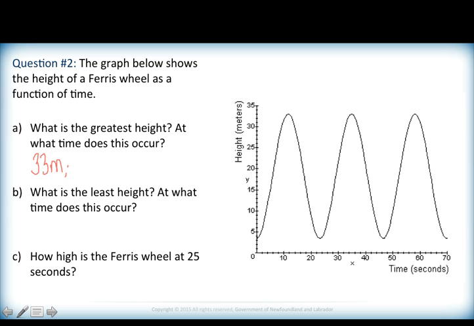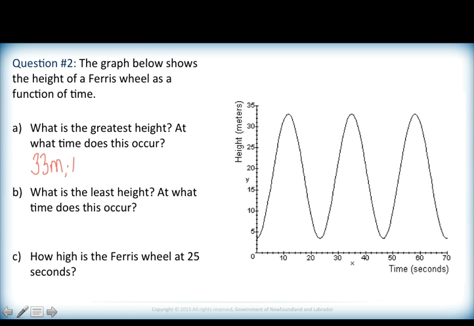And what time, or times we should say, does this occur? So we're looking at 3 different locations that it hits a maximum height or the greatest height at 33 meters. We're looking at approximately 12 seconds, 34 seconds, and 58.